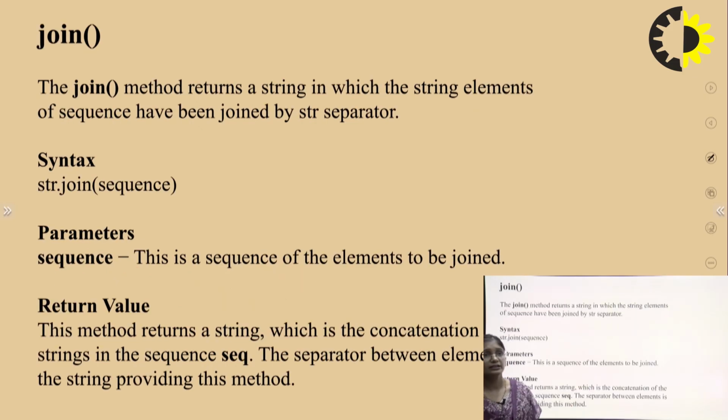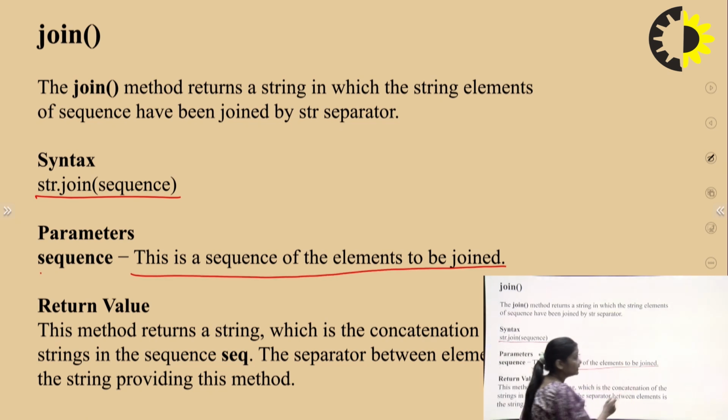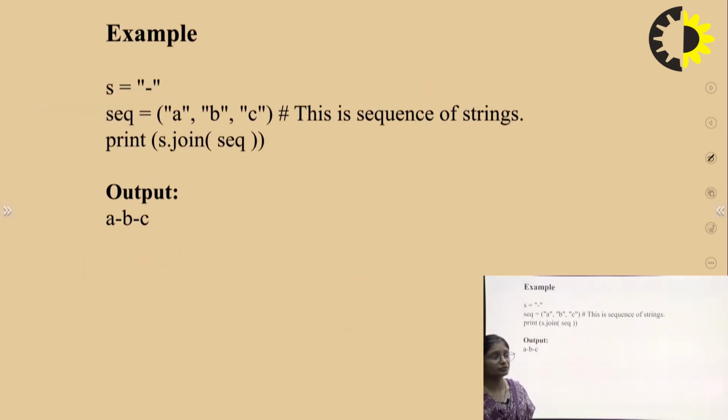Next is join. The join method returns a string in which the string elements of the sequence have been joined by the string separator. That is string.join(sequence). What is the sequence? This is the sequence of the elements to be joined. Suppose we have a number of elements. So how do you join these elements?